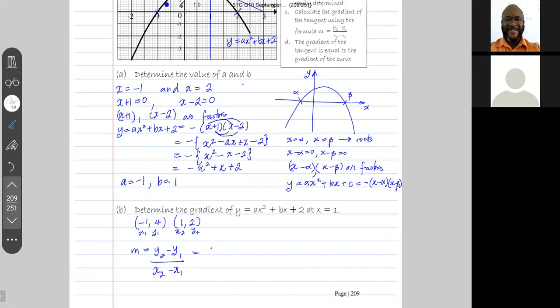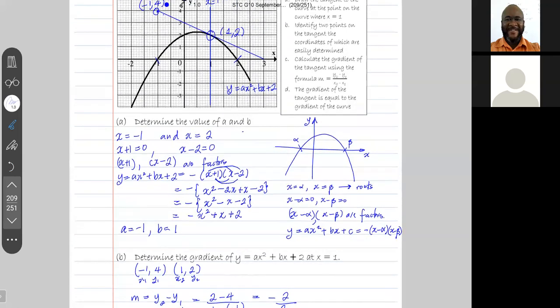This is 2 minus 4 over 1 minus -1. Up top, we have -2, and down by the bottom, we have 2.